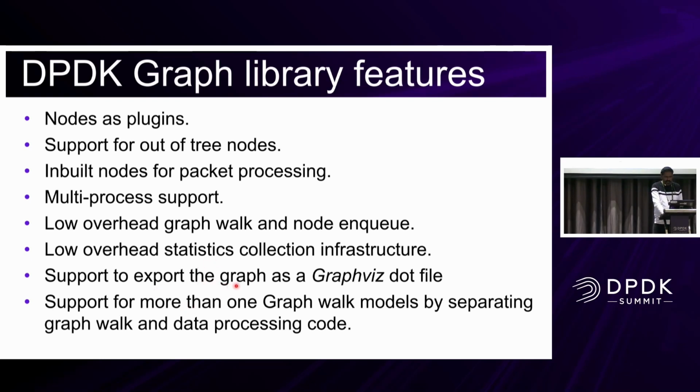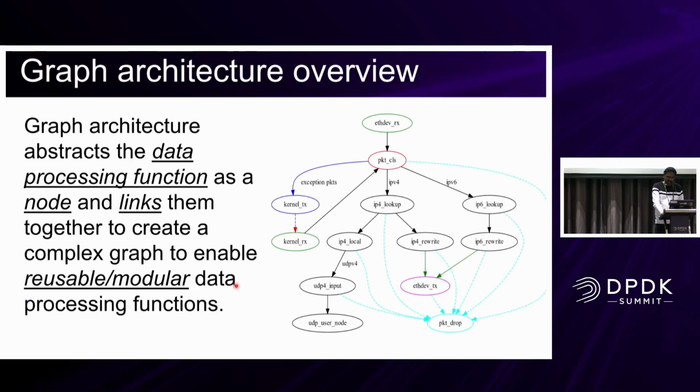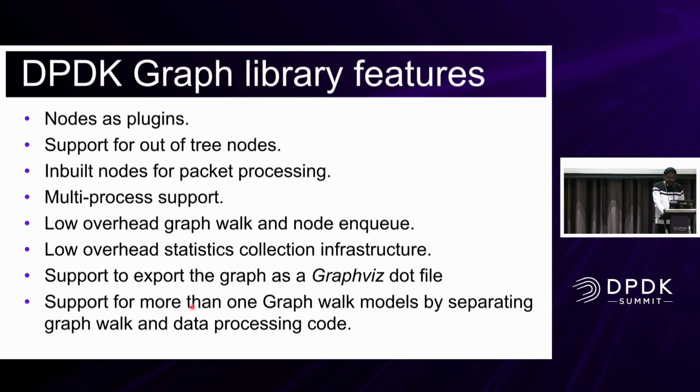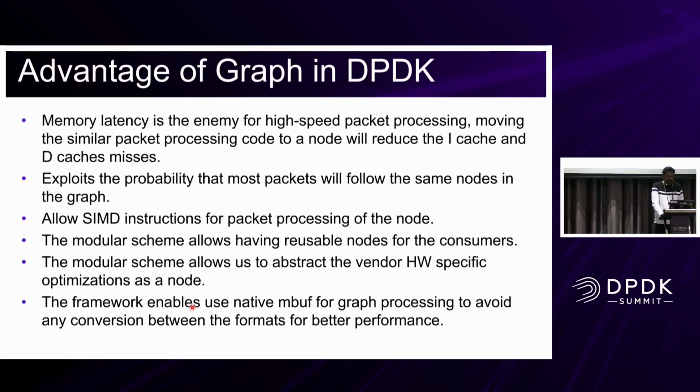It also has a means to export the graph as a graphviz file. Basically, it's an ASCII text file, and there are online tools that can render this. This one was created through the graphviz export API. We also have different graph walk models, which I will explain later in the slides.